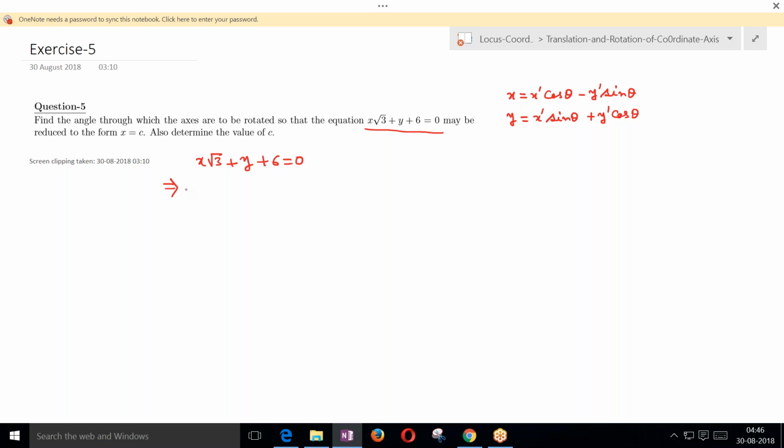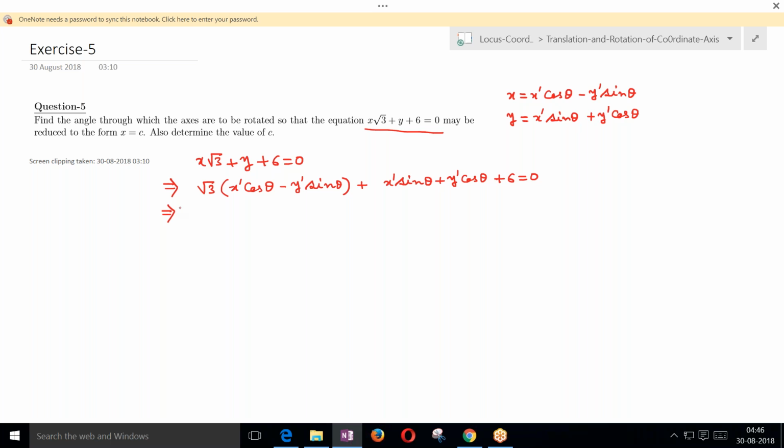This is actually coming to root 3 into, what is x? It is x dash cos theta minus y dash sin theta, plus y, which is x dash sin theta plus y dash cos theta, plus 6 is equal to 0.